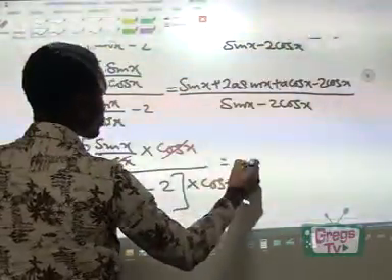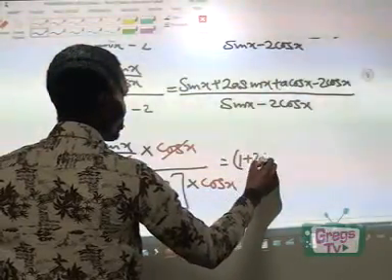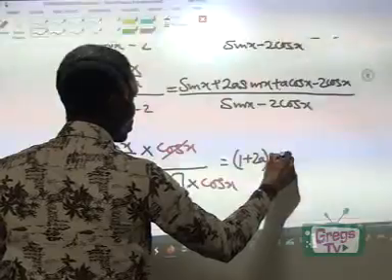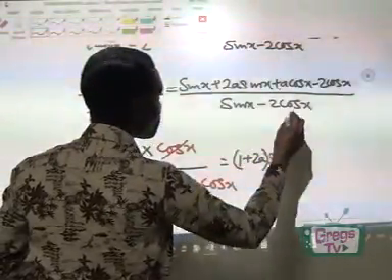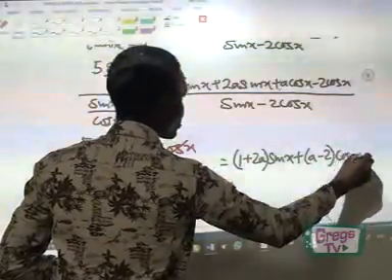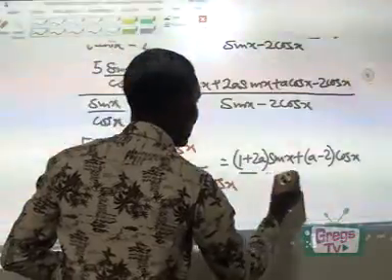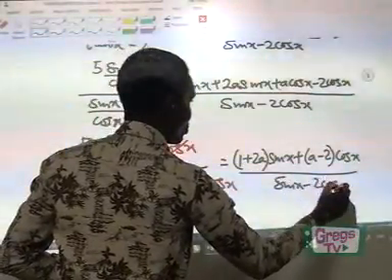Of course I can. So here will be 1 plus 2a sin x, because if you check very well, sin x is common, plus, let's see, this will be a minus 2, then cos x. Cos x is also common here, and that will be divided by sin x minus 2 cos x.